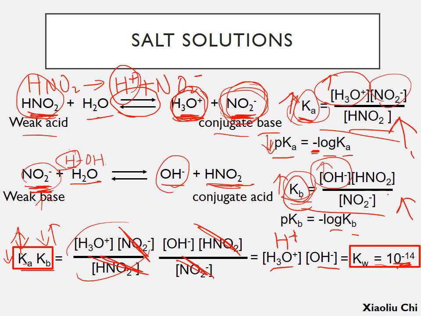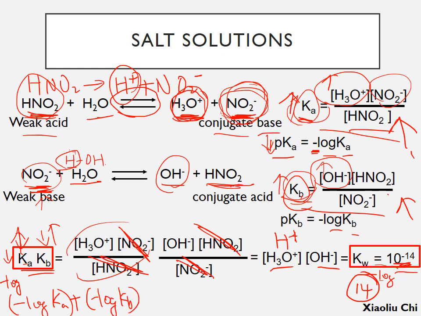Okay, if we take the negative log on the left side, the right side also gets a negative log. Negative log of 10 to the minus 14 is 14. So the right side is 14. The left side is negative log Ka plus negative log Kb. The log of a product should be written as a sum, so they add together.